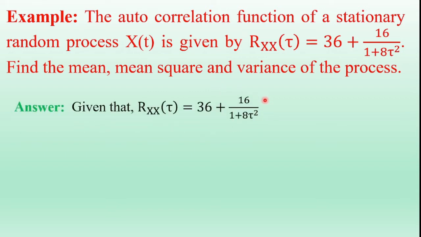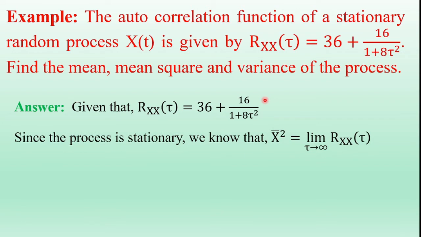Coming to the solution, given that the autocorrelation function of the random process x of t is Rxx of tau is equal to 36 plus 16 by 1 plus 8 tau square.